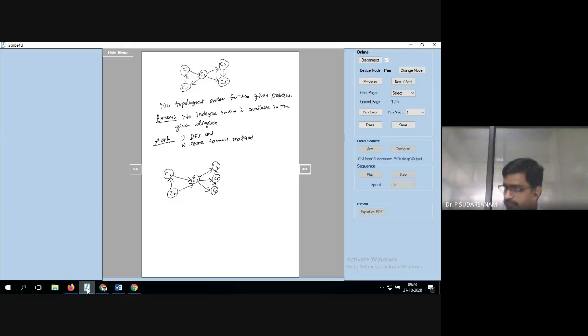This is one diagram, and second diagram.